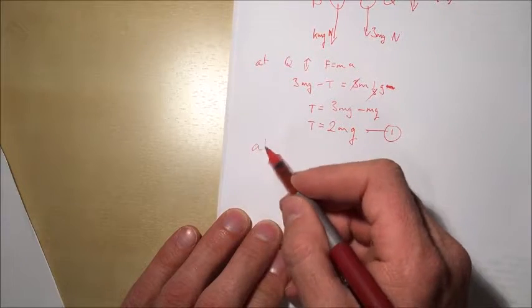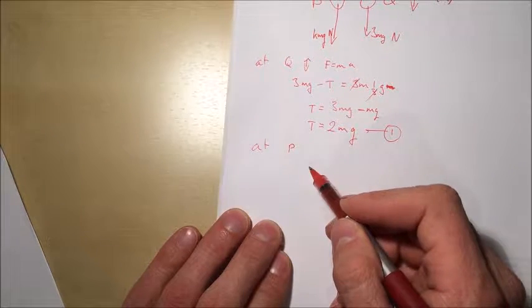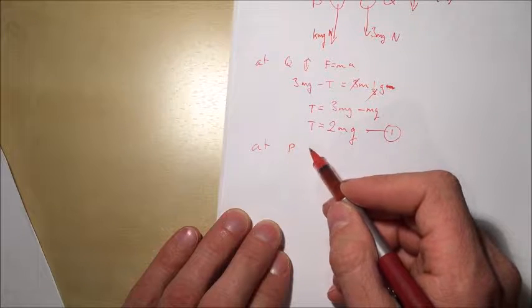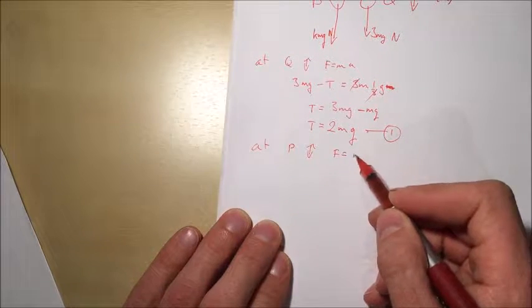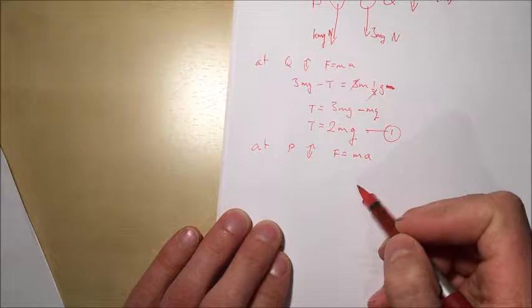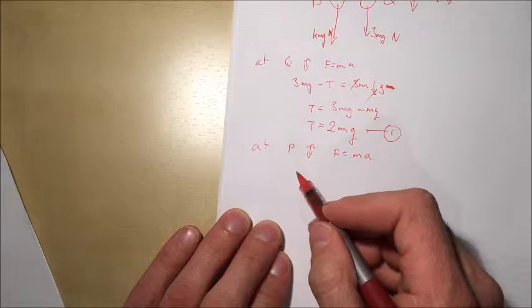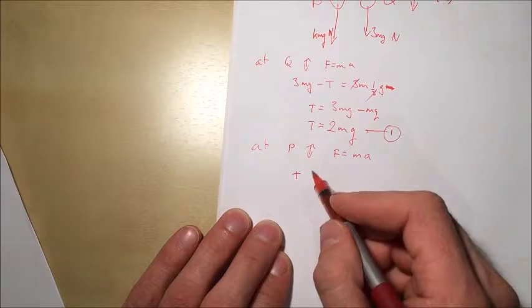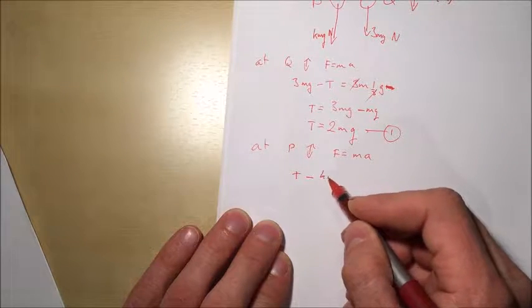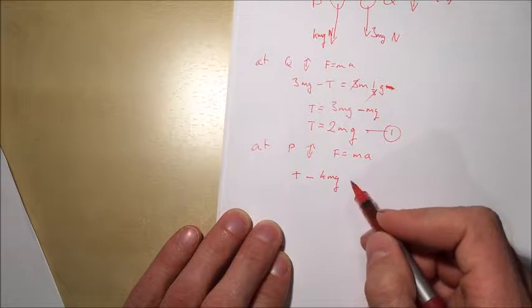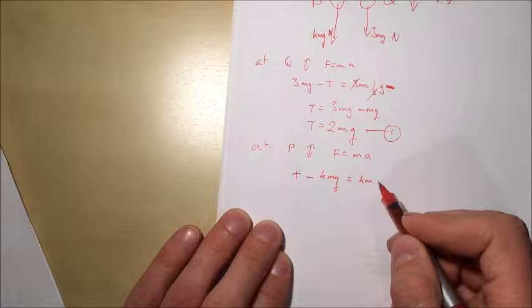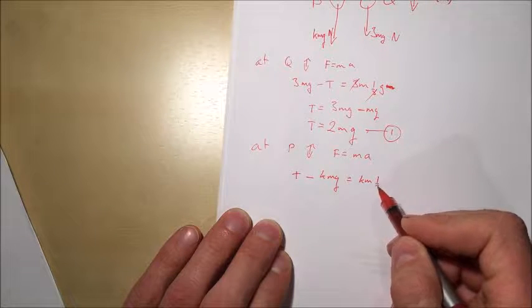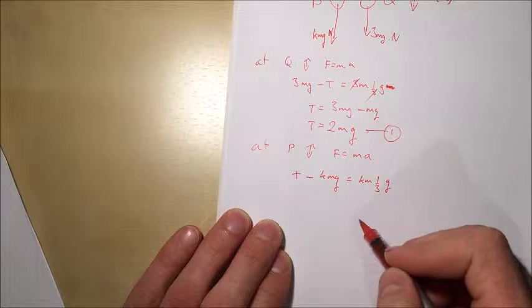At P, we've got the vertical motion, F equals ma, and that is going to be the tension is pulling this thing upwards, kmg is the force pulling it downwards, so that's my net force, or my resultant force on P, equals the mass, which is km, times the acceleration, which is 1/3 g.